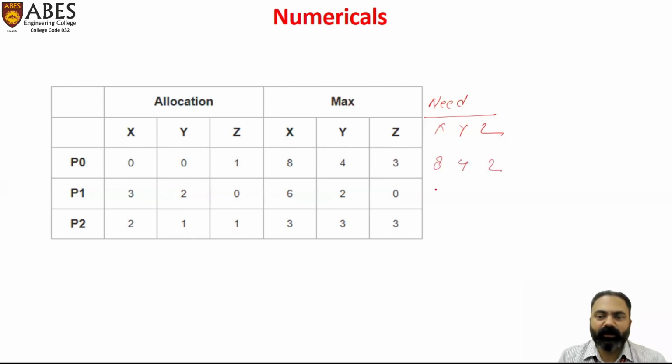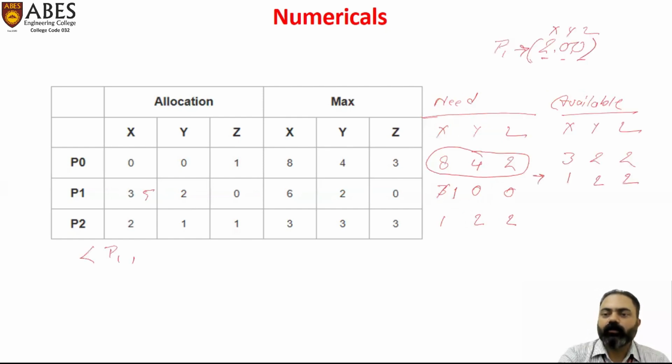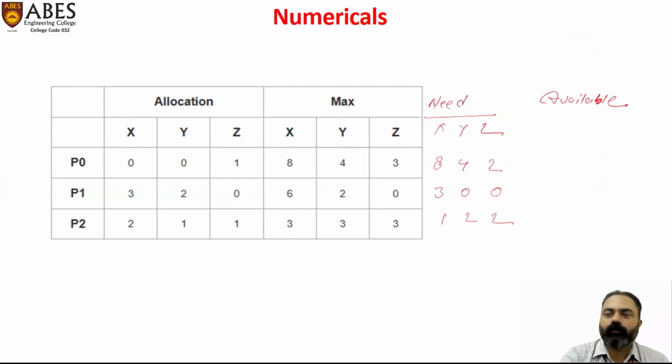Now 6 minus 3, 3; 2 minus 2, 0; 0 minus 0, 0; 3 minus 2, 1; 3 minus 1, 2; 3 minus 1, 2, and availability was, we can check from previous slide, this was 322.